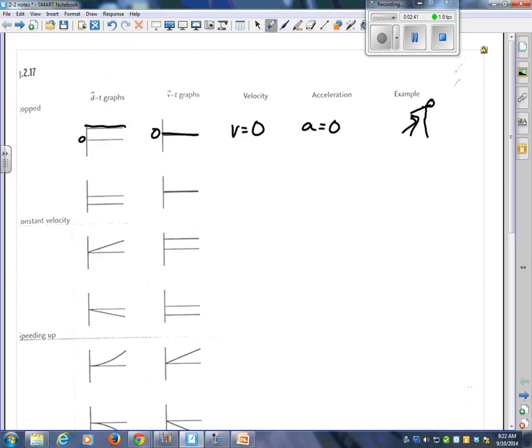Now the next one shows, there are 2 versions of stopped. This is the part I don't like about the book. Where is this person stopped, on a number line? They're stopped facing the positives. Do they have to be facing the positives? I don't think so. All this means is that they are stopped. Where are they in relation to the origin, the start line? They're to the right of the start line.